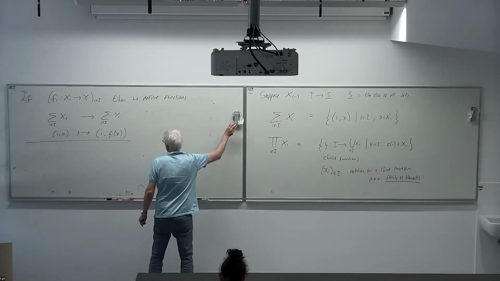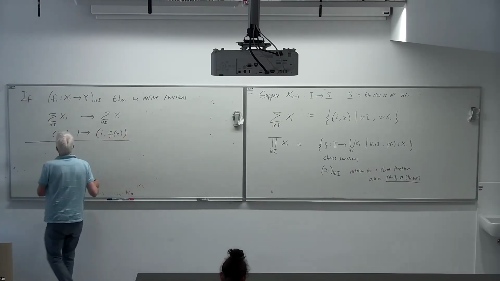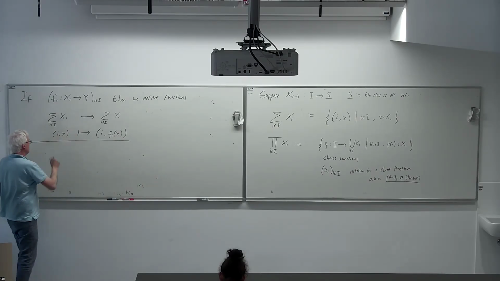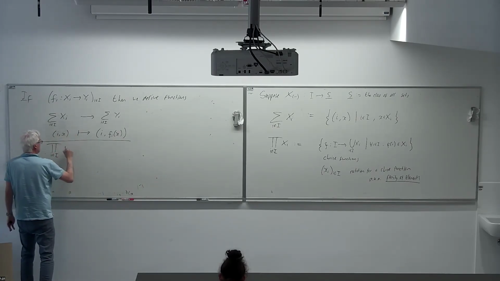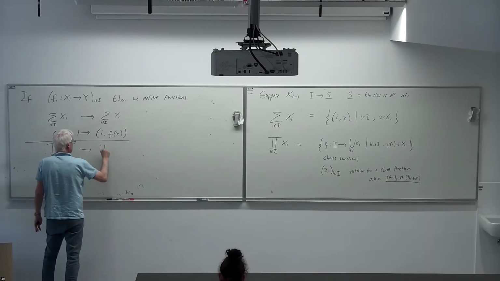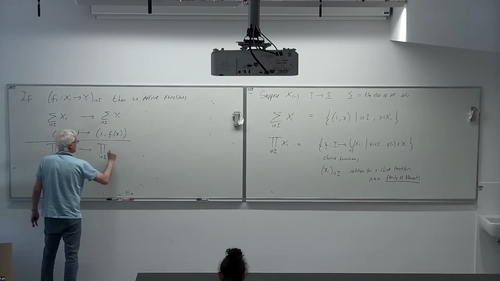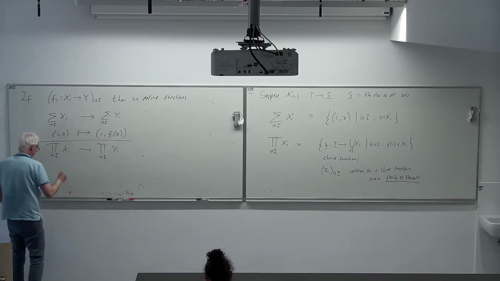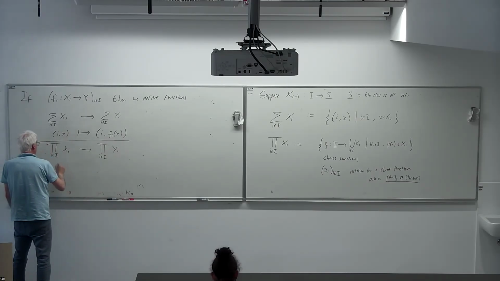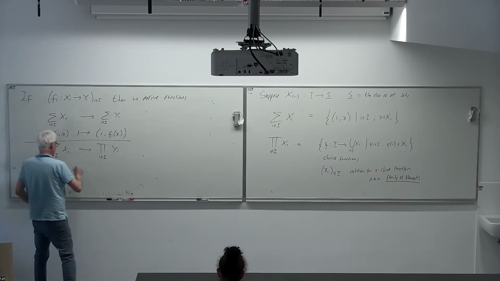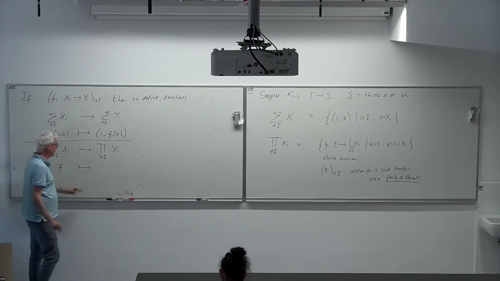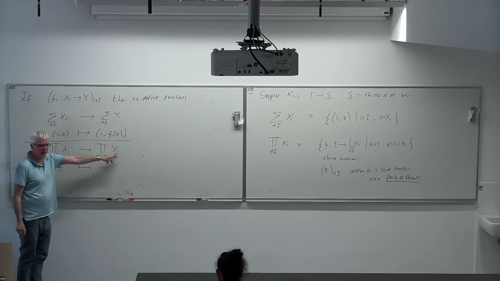Okay, so that takes us from the sum sets, but we also have a mapping on the product set. So here we're going to map an f, a choice function selecting elements from the X sub i's, to a choice function on the Y sub i's.